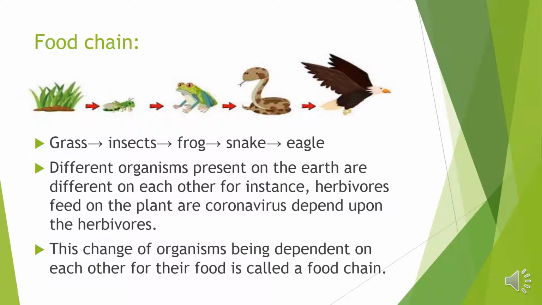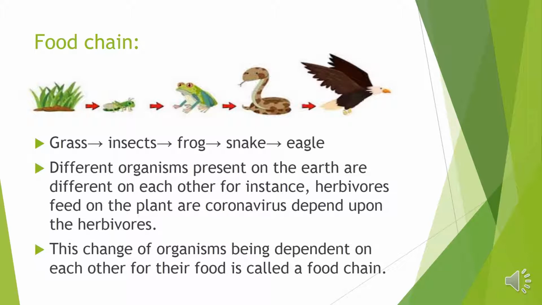For instance, herbivores feed on the plants and carnivores depend upon the herbivores. This chain of organisms being dependent on each other for their food is called a food chain. Organisms which feed on plants often get eaten by other organisms and so on.